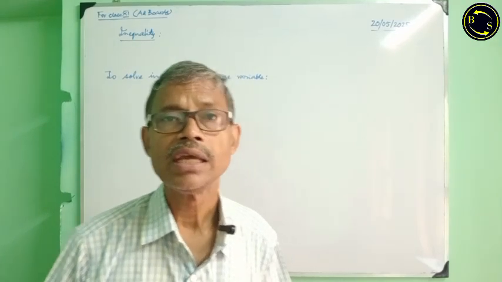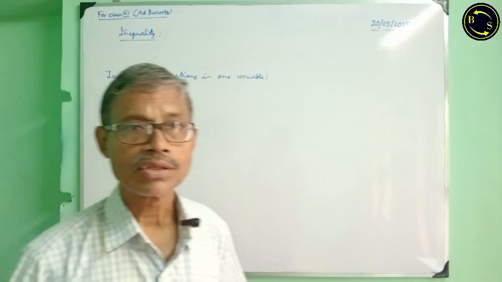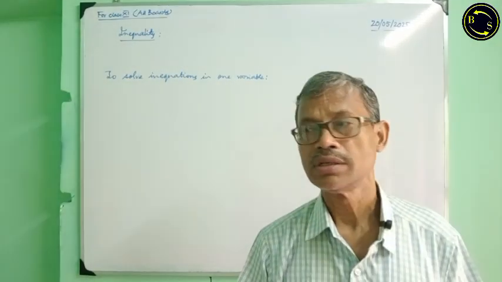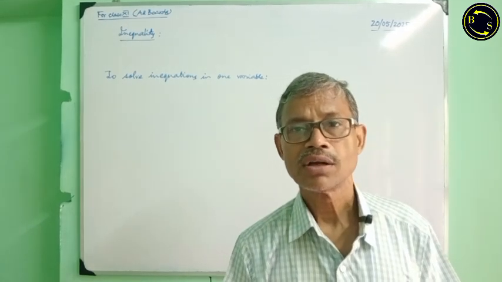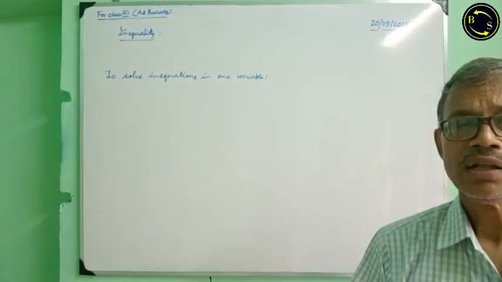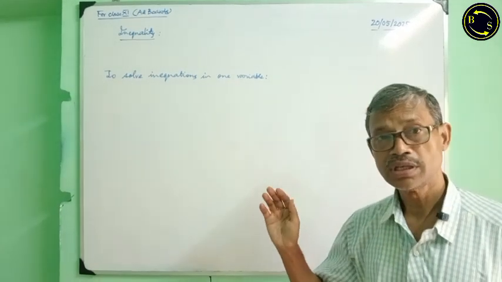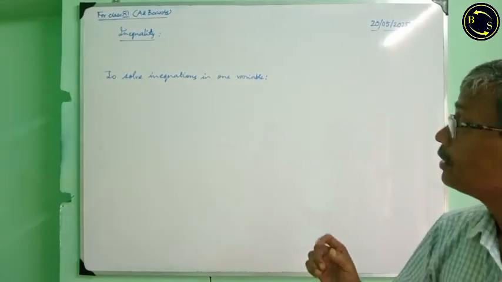That is actually done by adding a certain number to both sides of the equation or subtracting a constant from both sides. This is also applicable in case of inequations. That is called transposition.